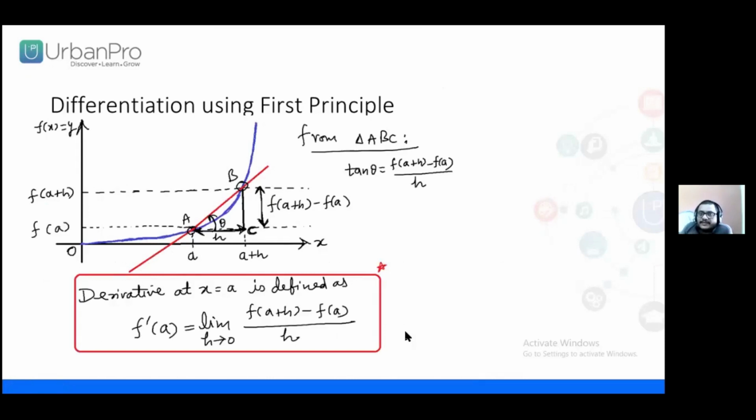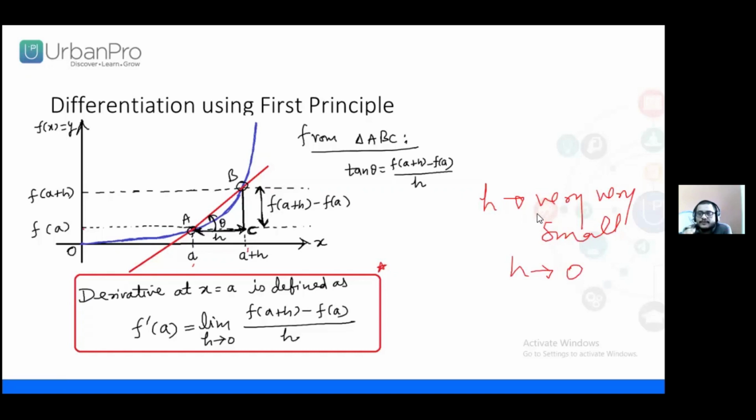So here we will find the differentiation using the first principle. The function is changing with respect to x, and at the point x equal to a the value of the function is f(a), and at the point a plus h the function is f(a plus h). Here h is infinitesimally small, that is, h is approaching 0.